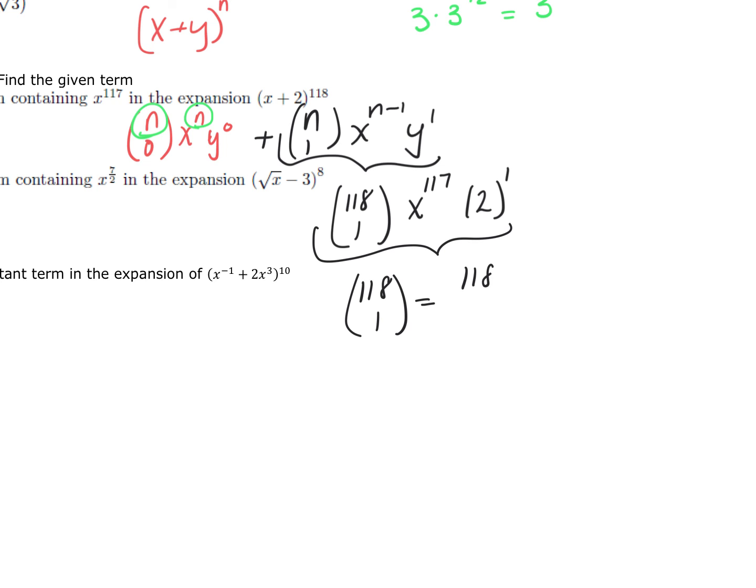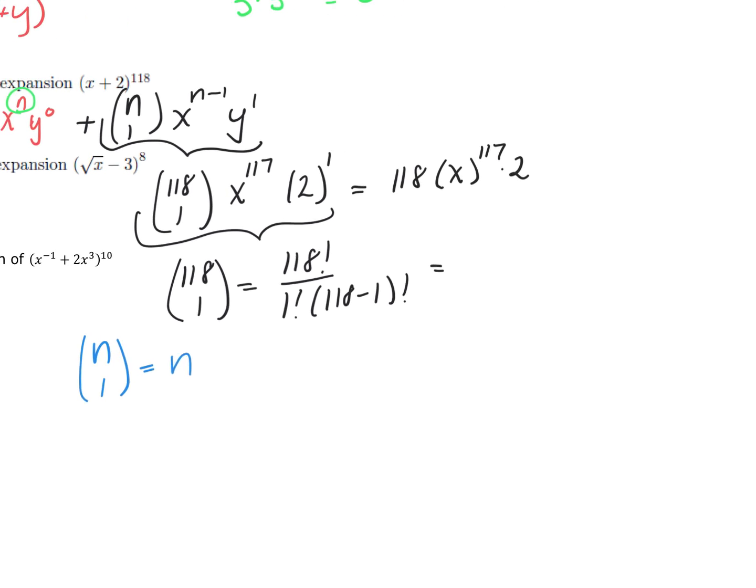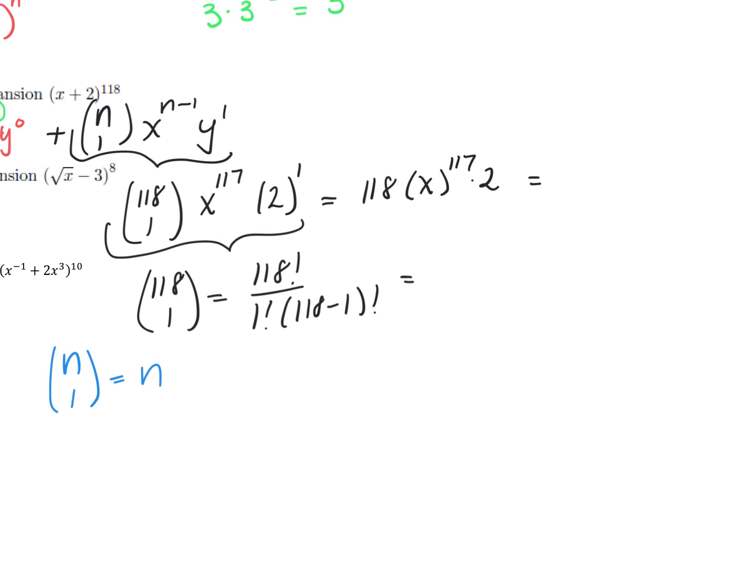This is 118 factorial over 1 factorial times 118 minus 1 factorial. But I said, if I have an n choose 1, this is going to give me just n. So this is going to be equal to 118 multiplied by x raised to the 117 multiplied by 2. So I do need to multiply that 118 and that 2, and then that's my term.